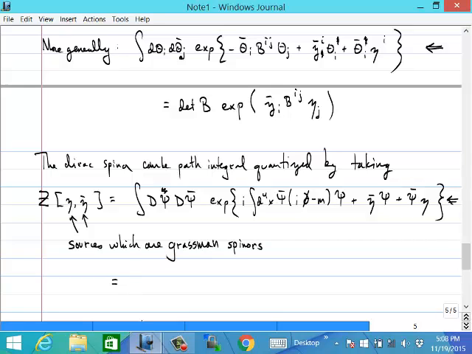So what's the answer that you get? Well, up to some determinant factor, which is independent of the sources, so it won't really matter to us, but we could just call it Z of 0.